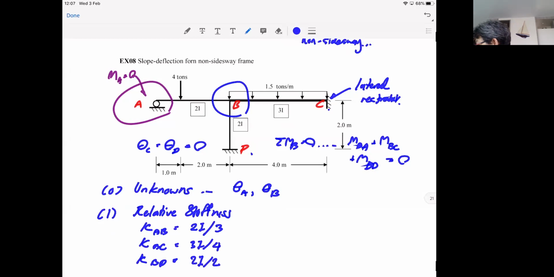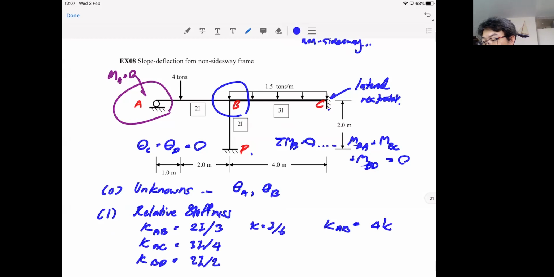So I can say I'm going to use K equal to I over 6. Now my KAB, multiply everything by 6, so it becomes 4K.